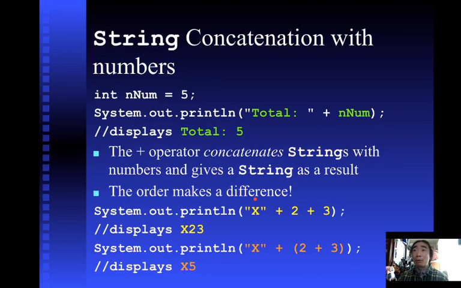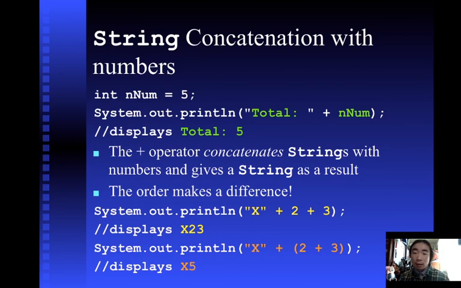Think about it like order of operations. With this one, you see a string first, so it's going to treat everything else afterwards as, oh, the user gave me a string, they probably want an output of a string. So then it goes ahead and continues. Okay, 2, although it's an integer, I'm going to treat it like a string. I'm going to stick it as is after the x, and then next with the 3.